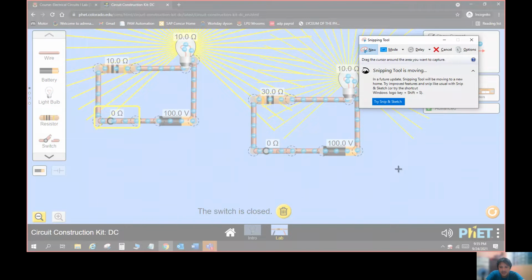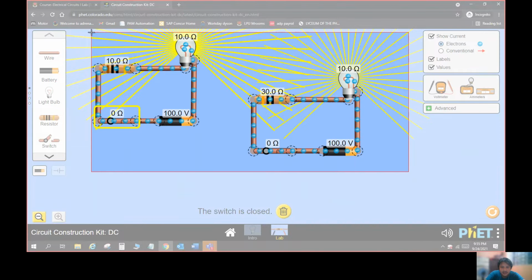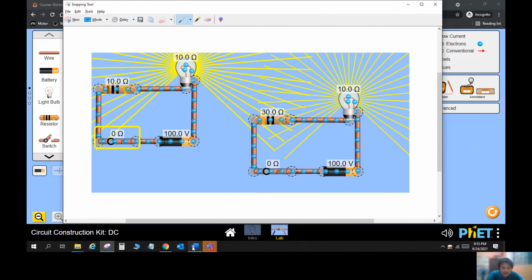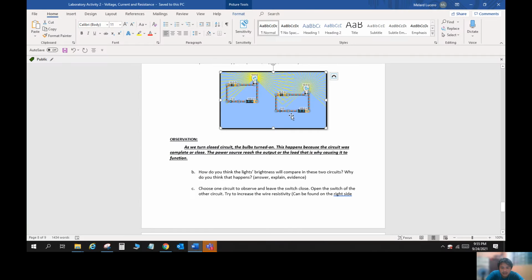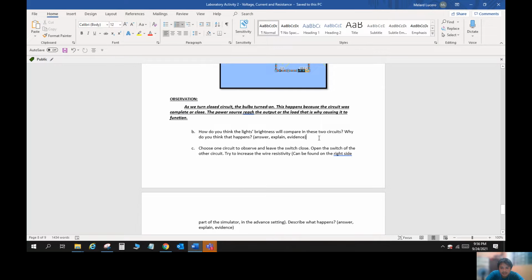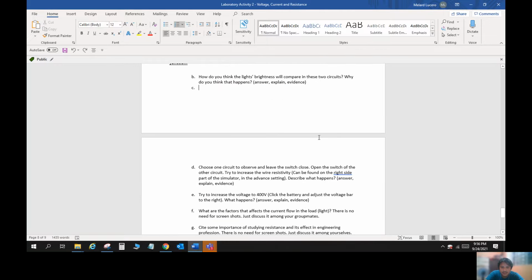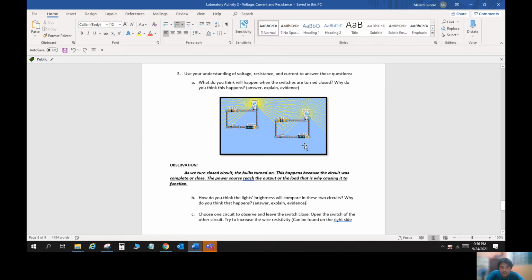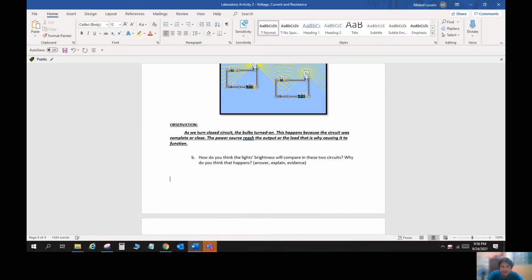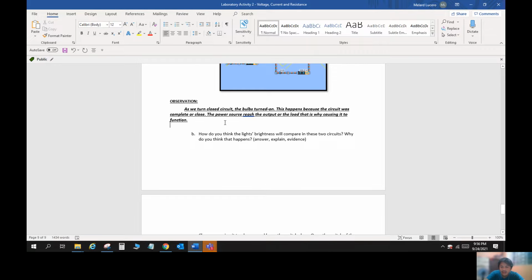So, screenshot na rin natin siya siguro. Ay, meron na tayo niyan. So, ito na rin yan. Gawin na natin to para maayos tingnan.